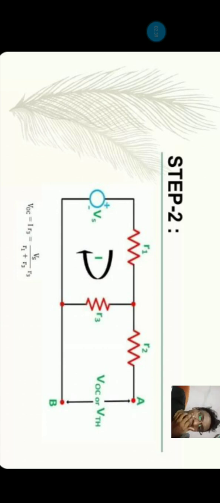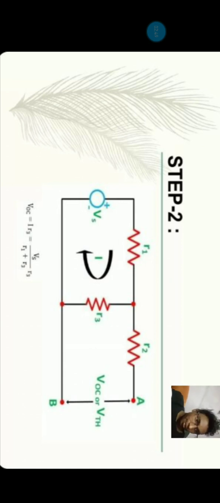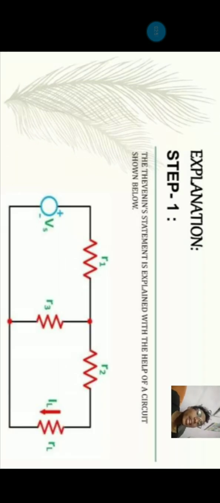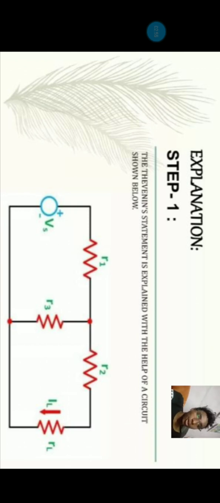Step 2, we must apply mesh analysis. Thevenin's theorem has some conditions. If we are finding the load resistance across any resistor, that must be an open circuit, and the voltage source must be short circuited, and the ammeter also open circuit in some conditions only.